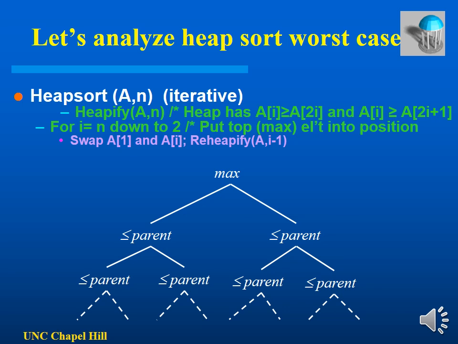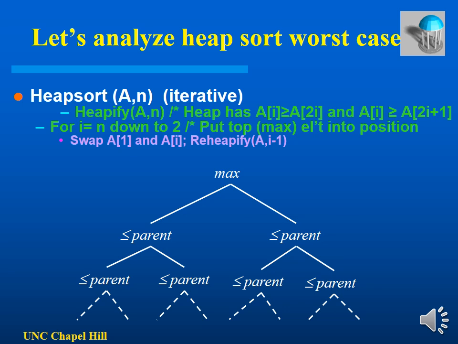And once it is a heap, there is a loop that successively puts the largest of the unsorted elements into position, so that the first time around the loop, the nth element is put into position. Second time around the loop, the n minus 1th element is put into position, and so on.